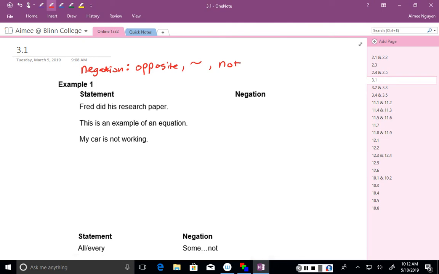So in example 1, we have some statements, and we want to write the negations of these. Again, all I want to do is to make the meaning the opposite of what it is to begin with. So the first statement says, Fred did his research paper. So if I want the opposite of him doing the paper, that just means that he didn't do it. So the negation of Fred did his research paper would be Fred did not do his paper.